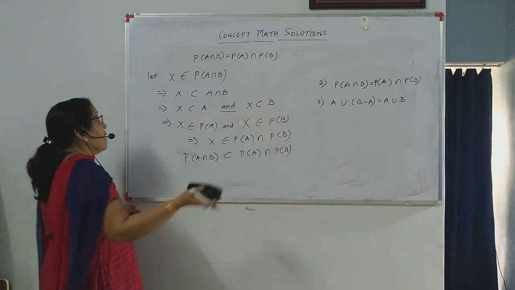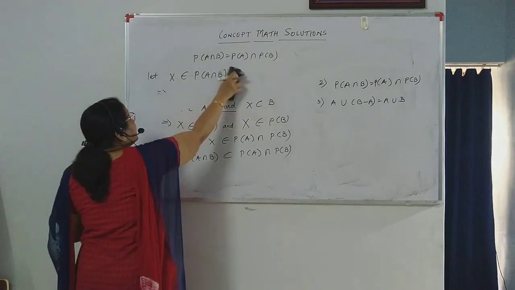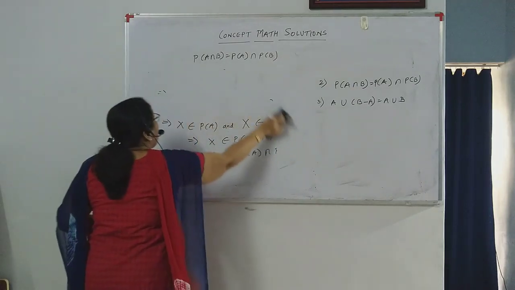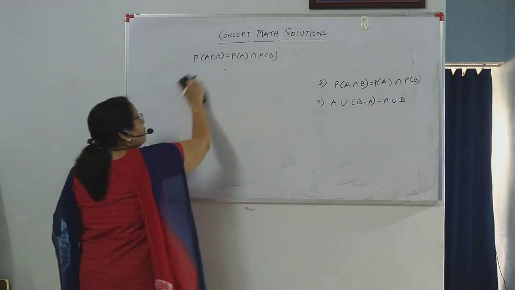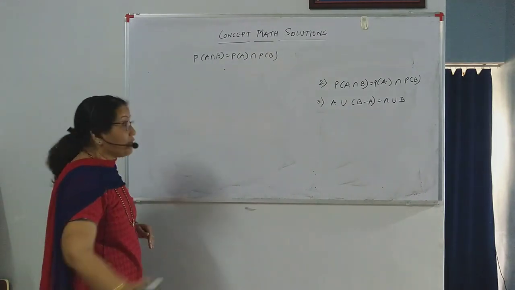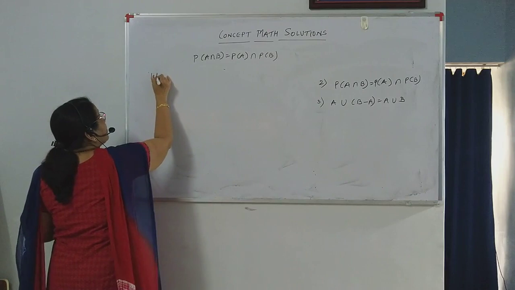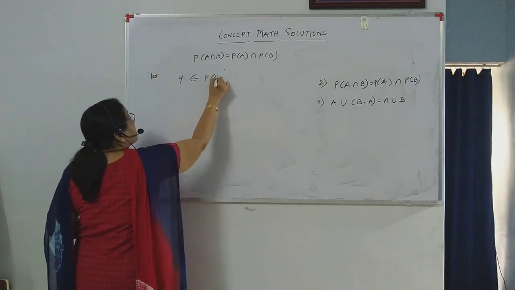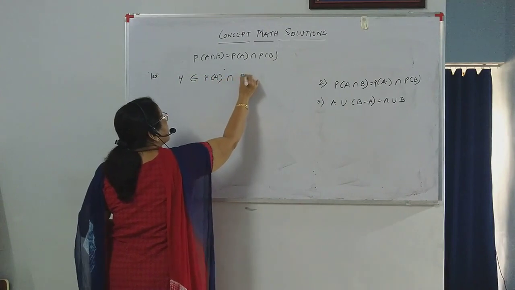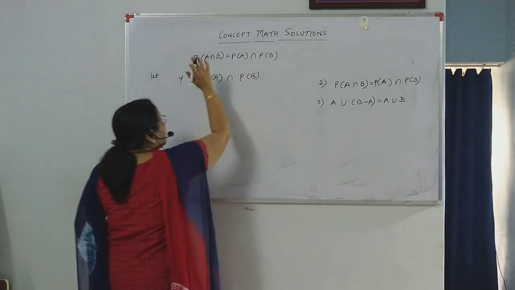Now I am going to work on the second portion of this, and that is, I take an element in the power set of A intersection the power set of B. So suppose I take, now let Y belong to the power set of A intersection the power set of B, right?